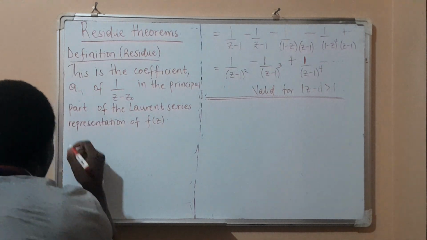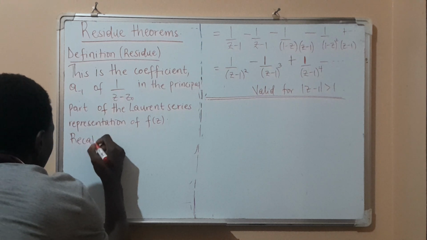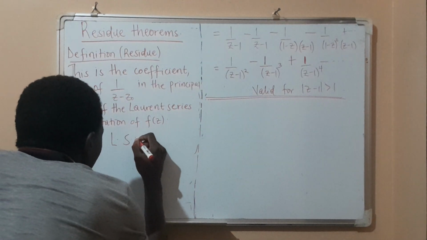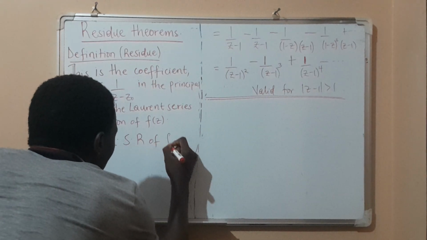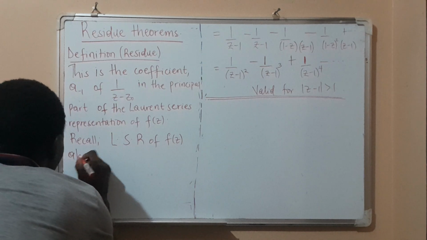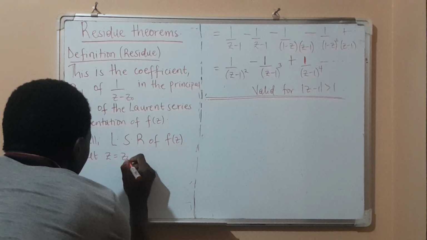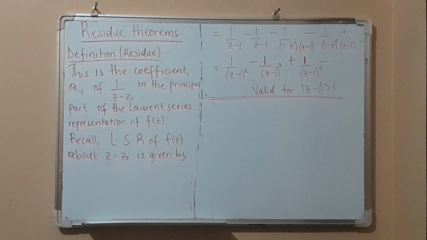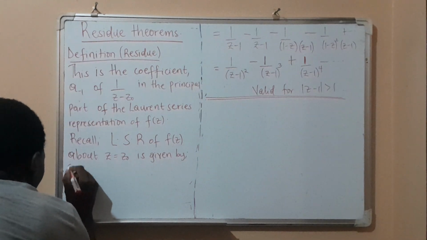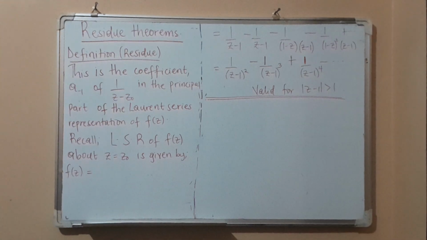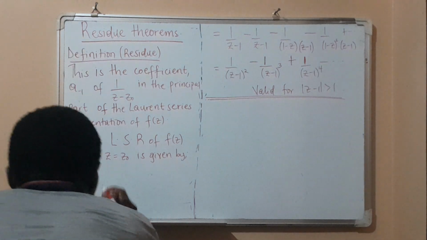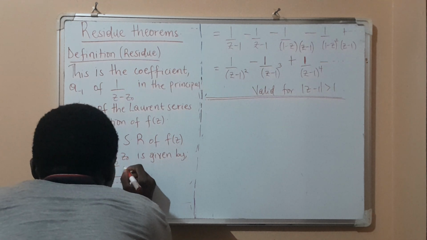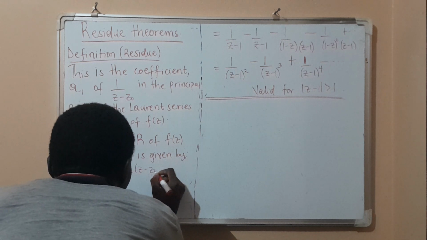Recall that we said that the Laurent series representation of f of z about z equals z naught, about a point of singularity, is given by f of z equals summation from k equals -infinity up to +infinity a_k (z minus z naught) power k.